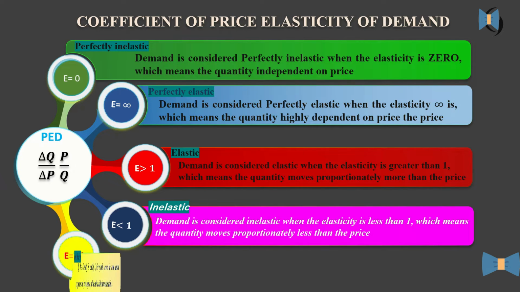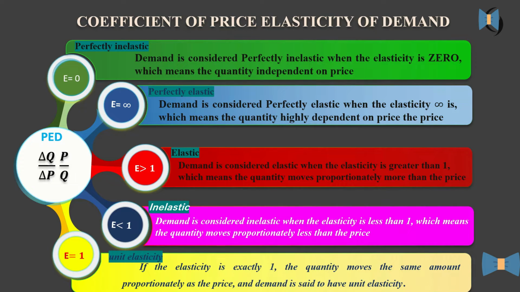If it is equal to 1, we call it unitary elastic. So based on this equation, we get the coefficient of price elasticity of demand. From the coefficient, we can classify demand as perfectly inelastic, perfectly elastic, elastic, inelastic, and unitary elastic. Perfectly inelastic means the price elasticity is 0.